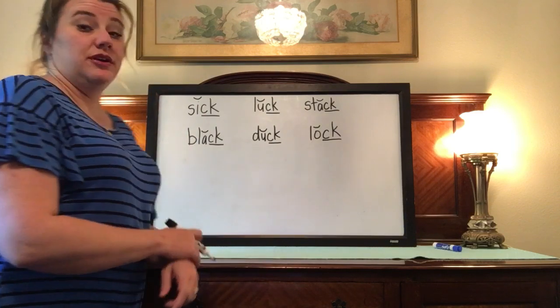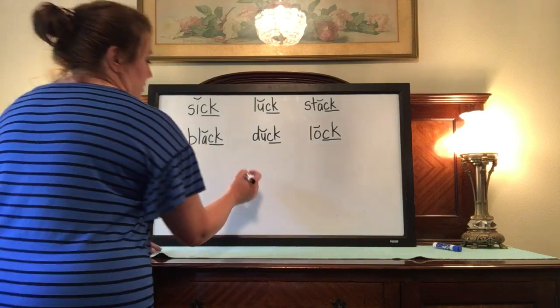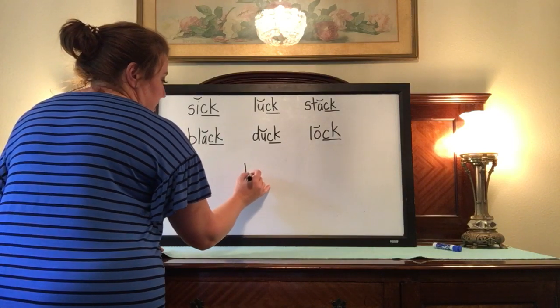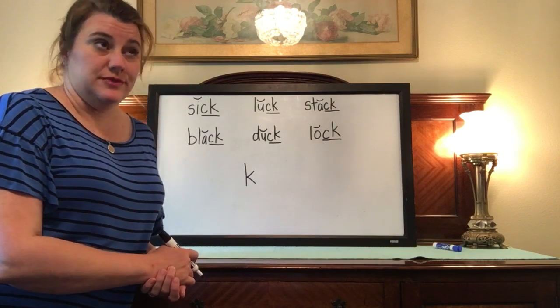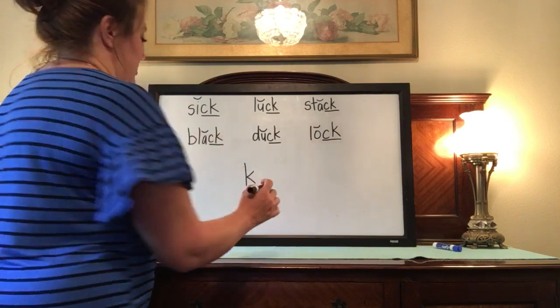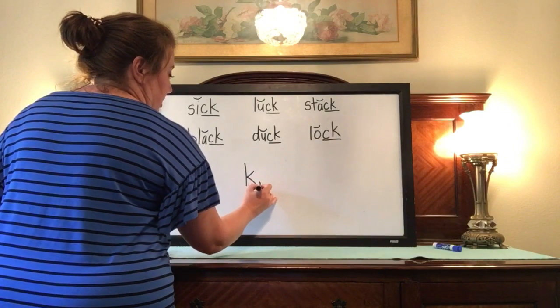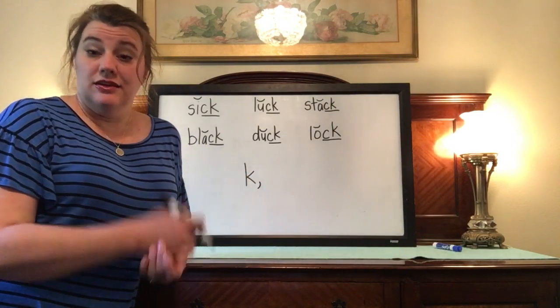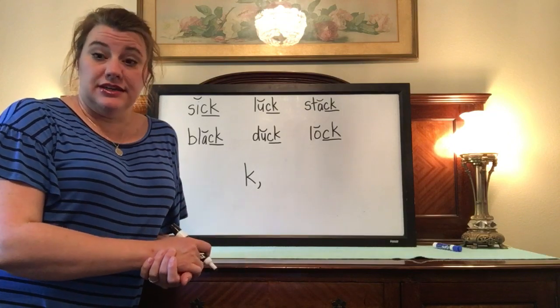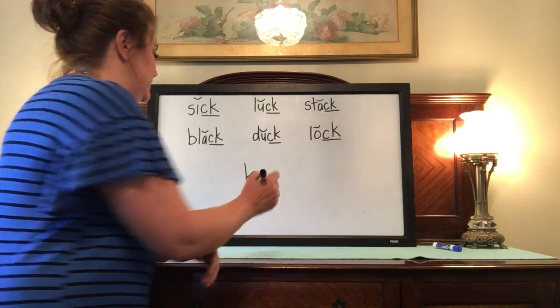You're going to write K, because we know that the letter K makes the K sound. Then you're going to put a comma, and you're going to write the letter C, which we already know, the k in cat.